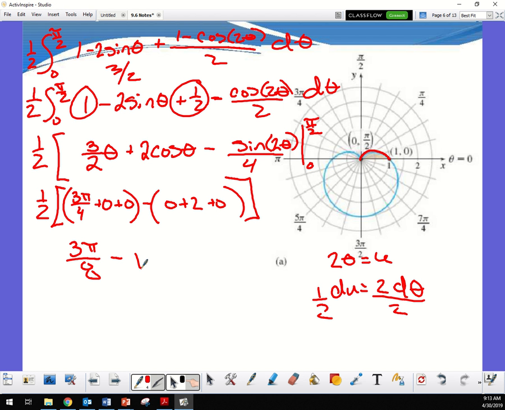Okay, so now what if I wanted to approximate that? Throw that bad boy in your calculator, let's see what we get. 0.178.